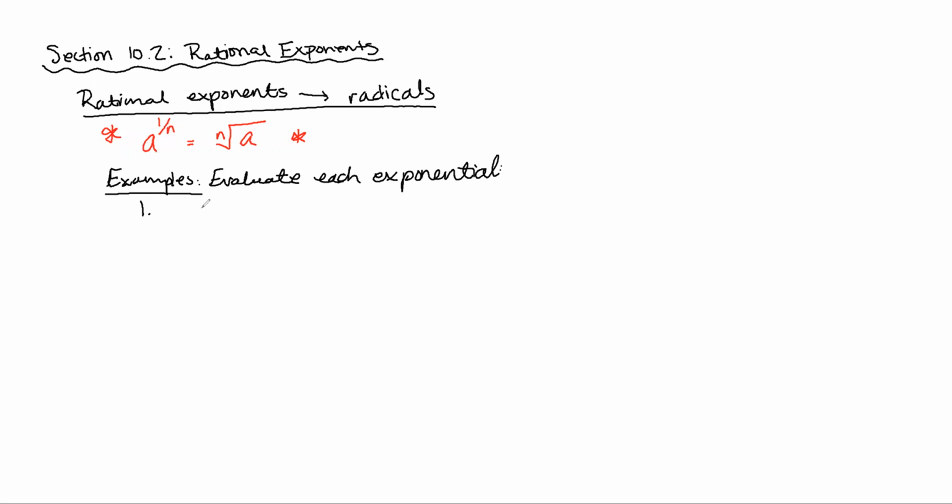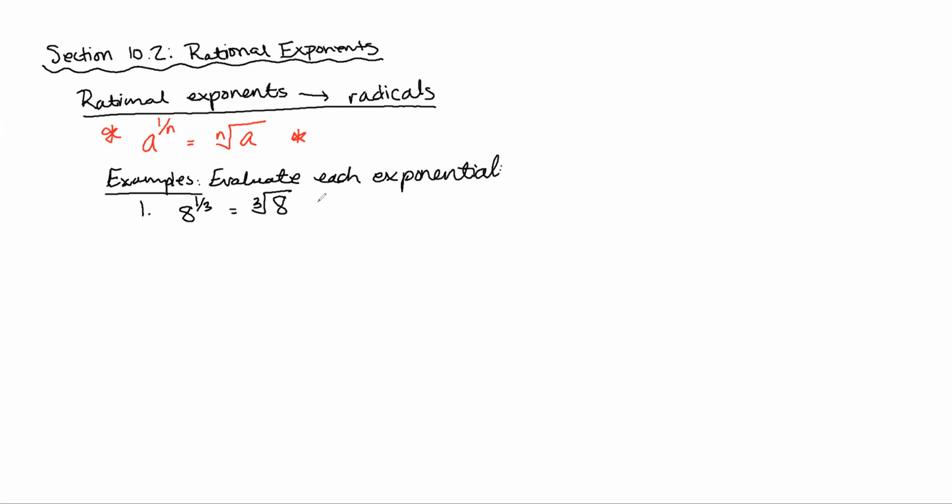So number 1 here, we're given 8 to the 1/3. Since we have a 3 in our denominator, this is our index. And so we're taking the third, or the cube root of whatever term we have here, so 8. Now, that just converted from exponentials to radicals. That didn't actually evaluate.